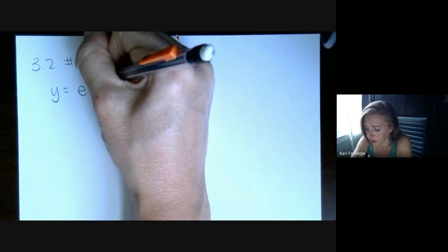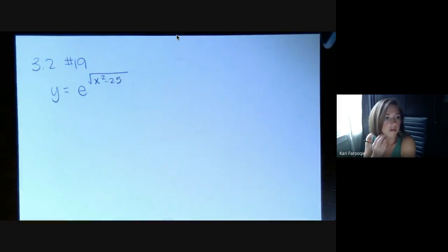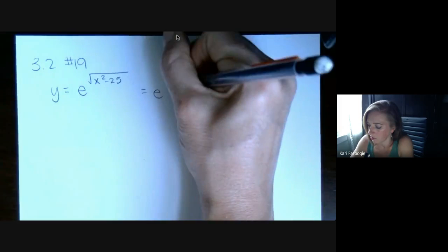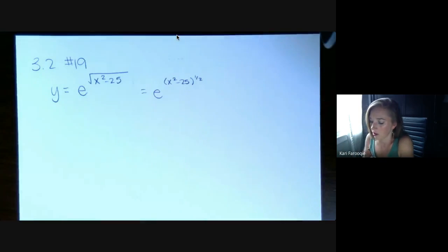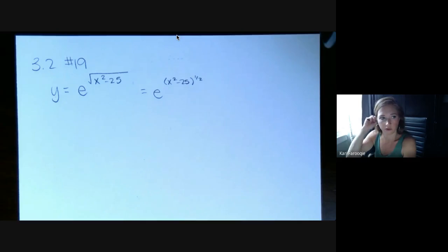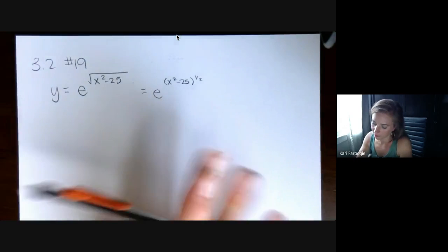So this is e to the square root of x squared minus 25. I'm going to rewrite this so that it has a rational exponent on it. It's going to help us take the derivative much more easily. So this one's going to need the chain rule.